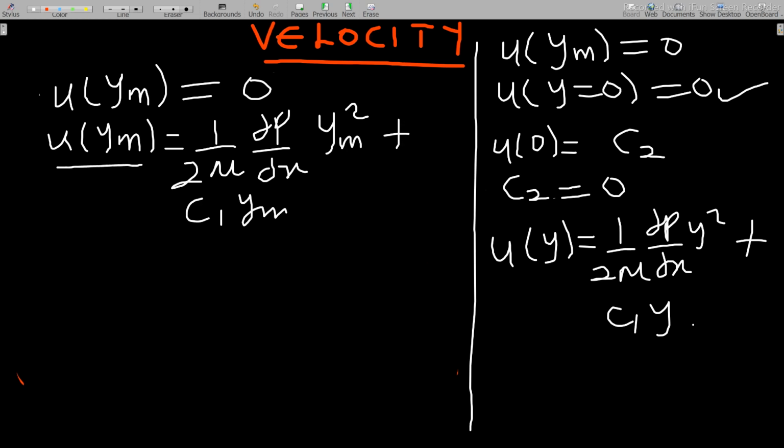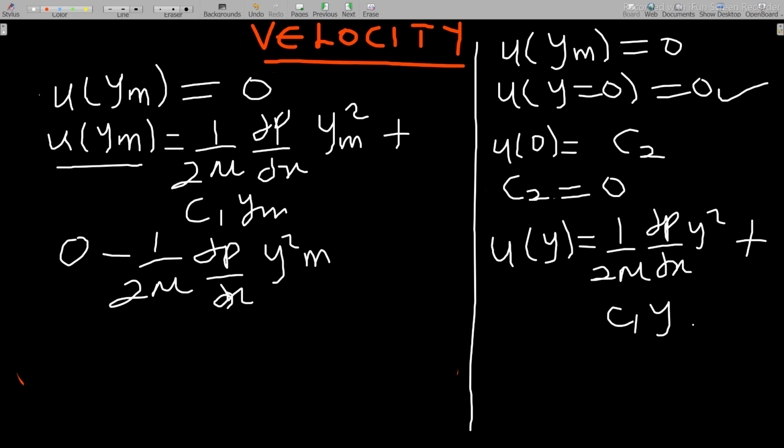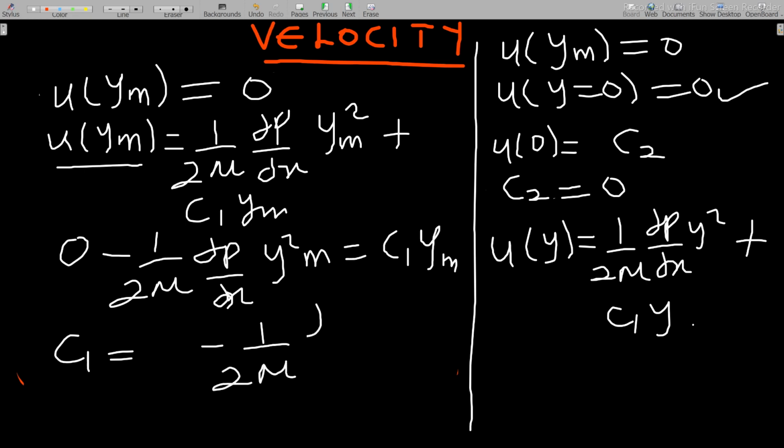So I have 0, then minus 1 over 2 mu, del p del x, ym squared should be equal to c1 ym. Dividing through by ym, my c1 is equal to negative 1 over 2 mu, del p del x, ym.